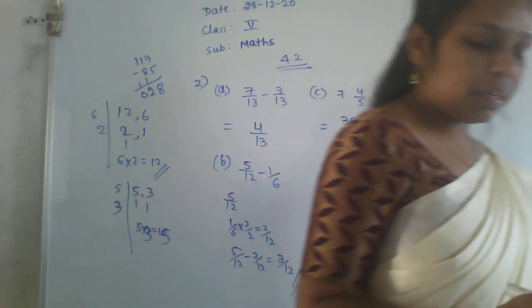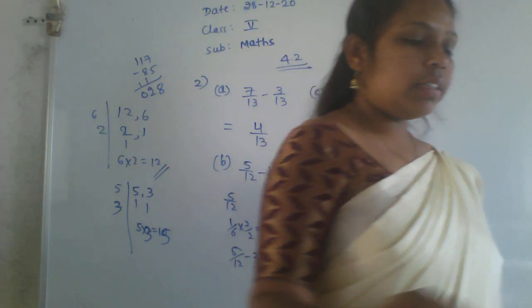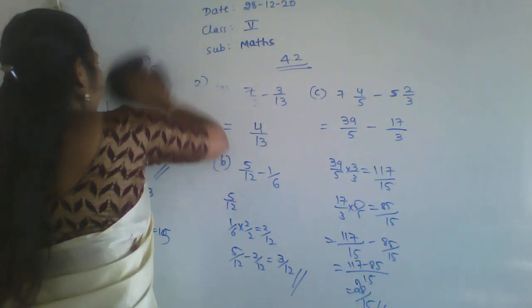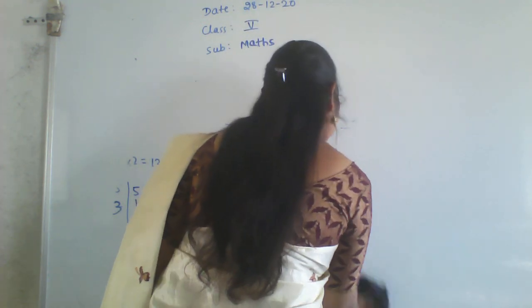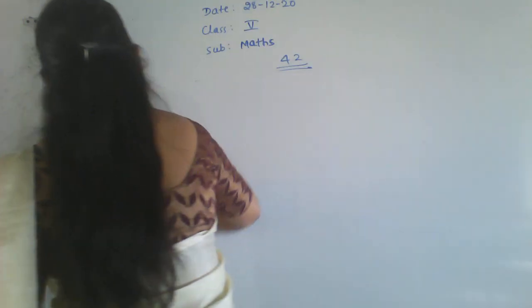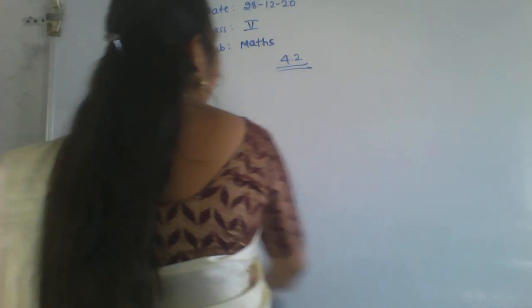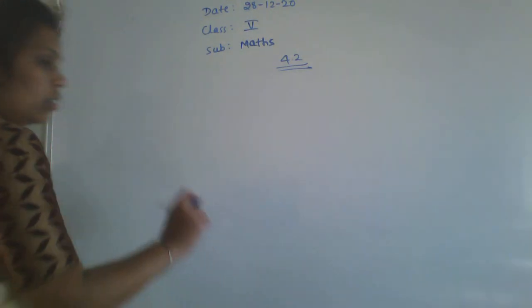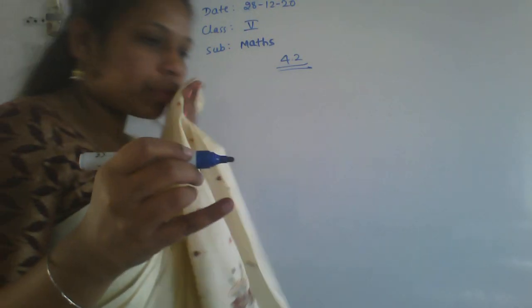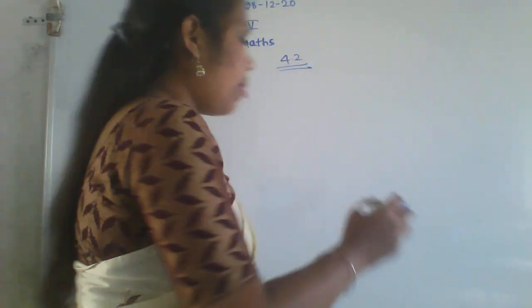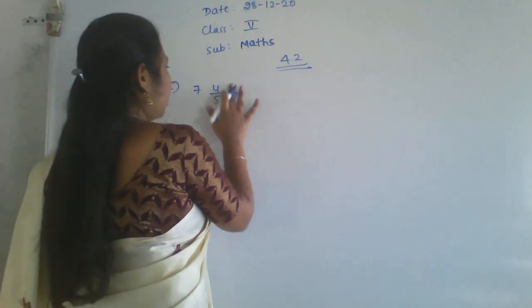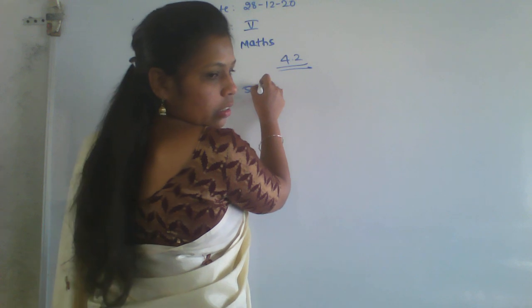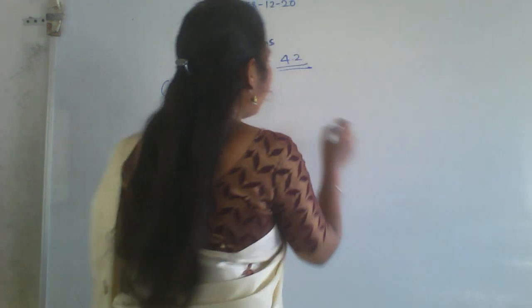So next main is the next problem. Seat 1: 7 integer 4 by 5 minus 5 integer 2 by 3.